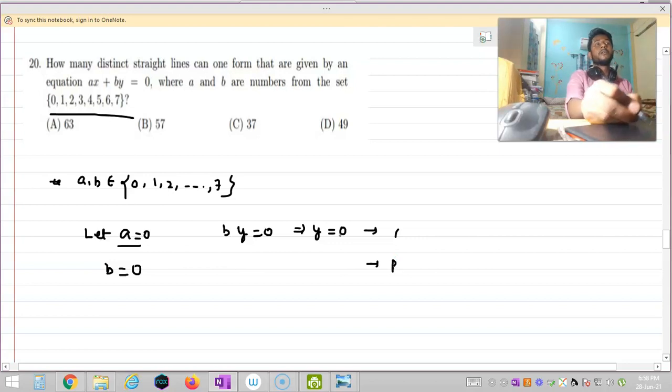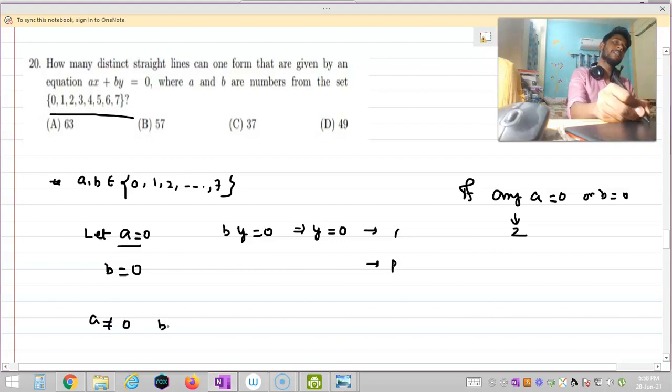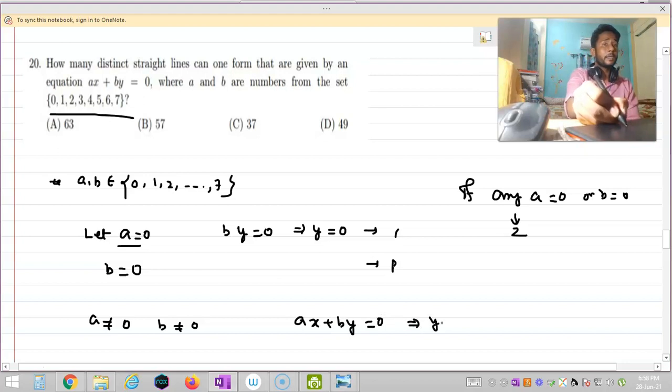So if a equal to 0 or b equal to 0, there are two possible straight lines. Now I am considering both non-zero, a not equal to 0 as well as b not equal to 0. Hence I can write ax plus by is equal to 0, which implies y equal to minus a by b times x.